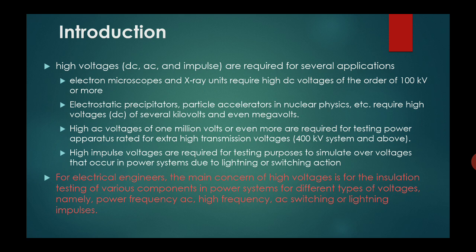It can be a voltage of power frequency, which is the normal frequency of transmission. It can be voltages of a high frequency, or it can be an AC switching or lightning impulse. We give a very high voltage surge for a small instant of time. These voltages are called impulses, which I have told you previously. These are also used in order to test the apparatus.